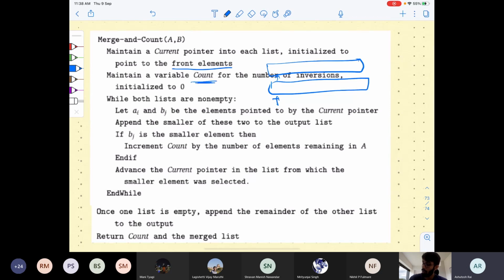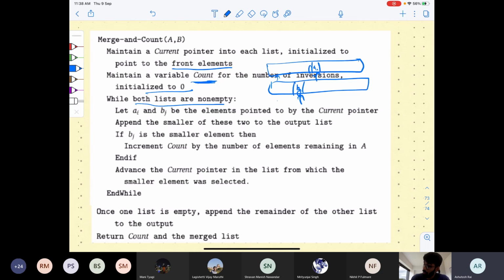Maintain a variable count, which you will return as the number of inversions which are across, initialized to 0. Now, while both lists are non-empty, let AI and BJ be the elements pointed to by the current pointers. So let's say the current pointer is here, and the current pointer is here. So this is AI, this is BJ. Good.